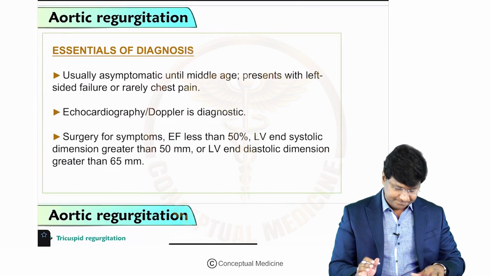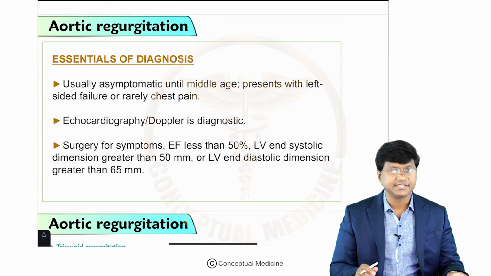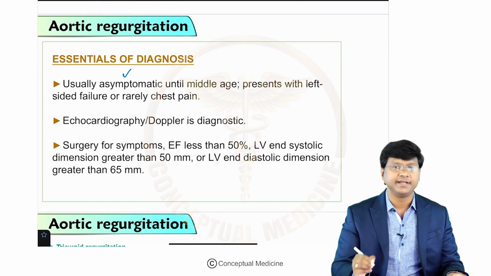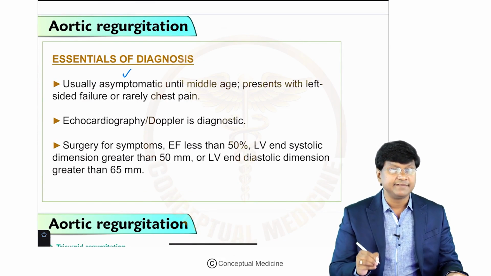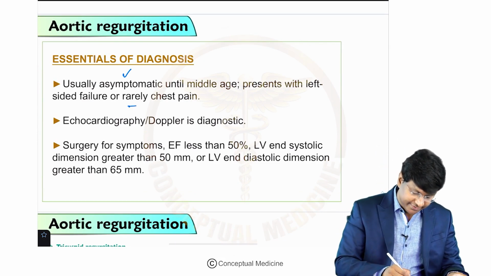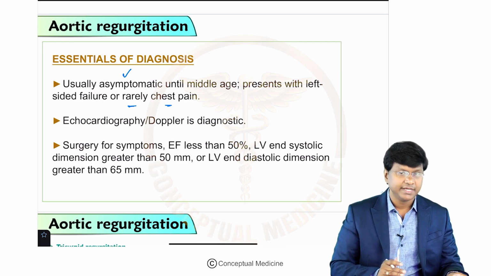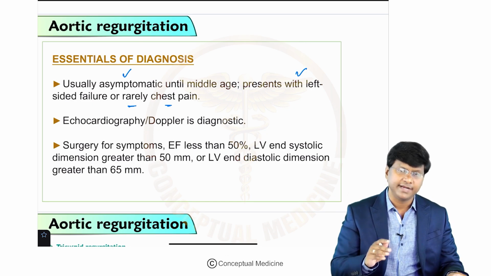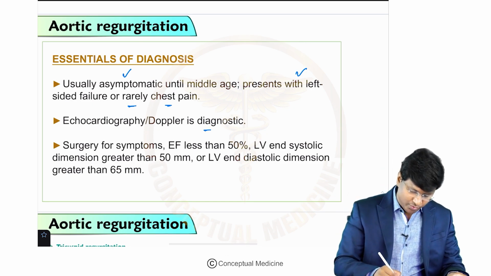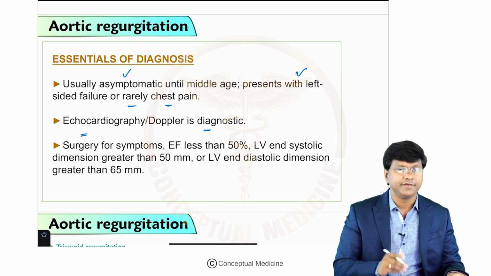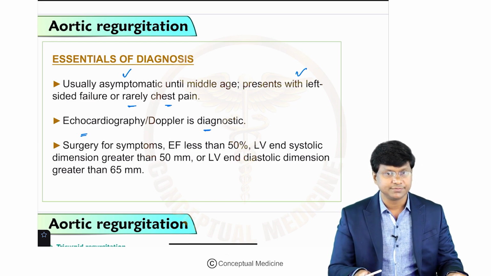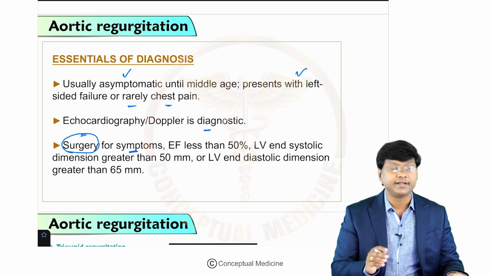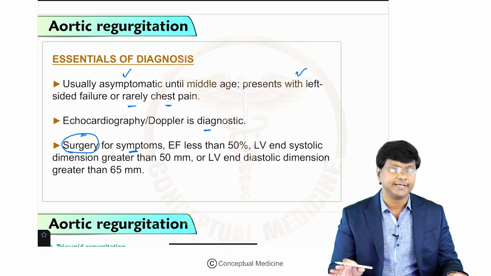And finally, if you see the essentials of the diagnosis, usually asymptomatic until middle age, and patients with left-sided failure or rarely chest pain. If they are symptomatic, they will have the features of left-sided failure and rarely chest pain. And what is diagnostic? Echocardiography, it will be the first line investigation. And if the individual is symptomatic, surgical treatment of the aortic valve has to be done.